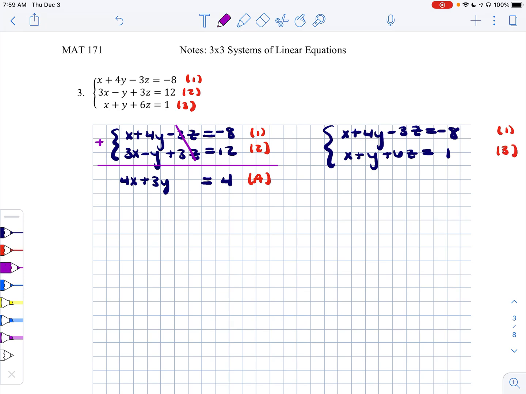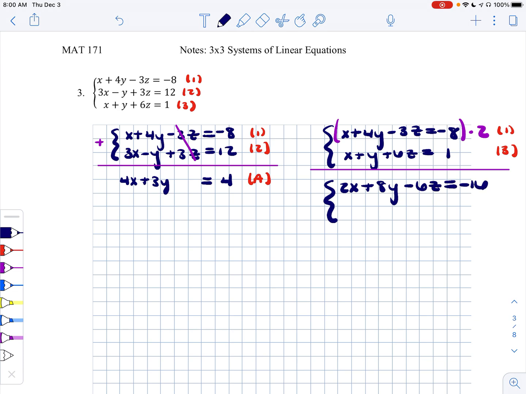All right, so now we're trying to eliminate the z variable. So if we were to multiply the top equation through by a positive 2, we would get a negative 6z and a positive 6z, which would cancel out. So times a positive 2 on top. And go ahead and just rewrite this. That becomes 2x plus 8y minus 6z equals negative 16.